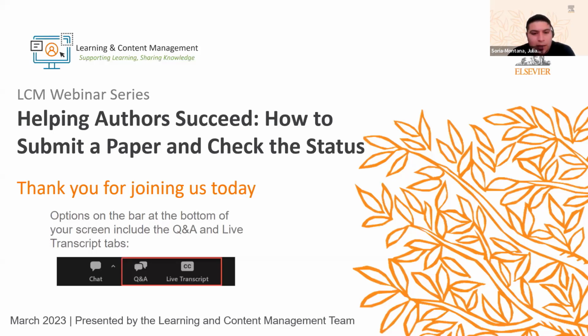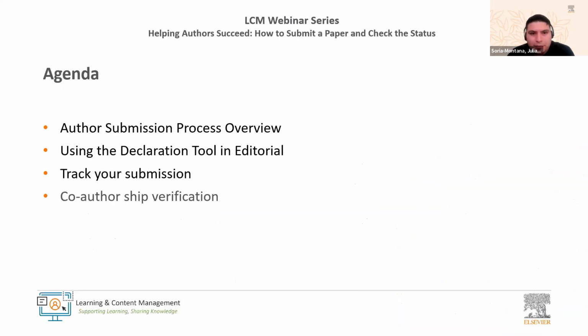Now let's take a look at our agenda for today. We will start by giving you an overview of the author submission process in Editorial Manager. Please note that the steps may vary depending on the journal configuration and the type of articles being submitted.